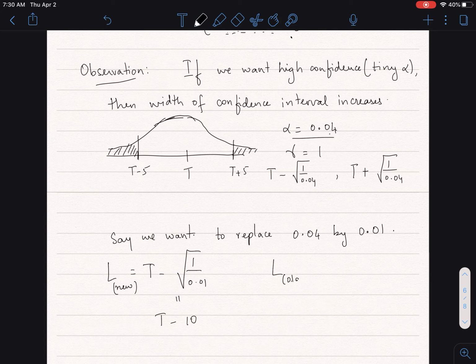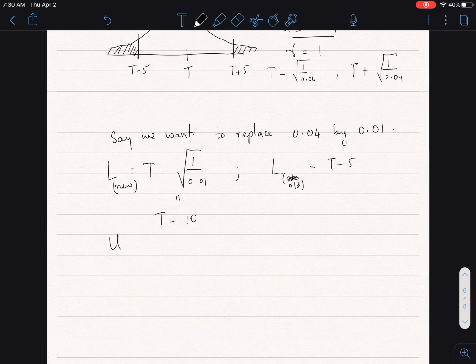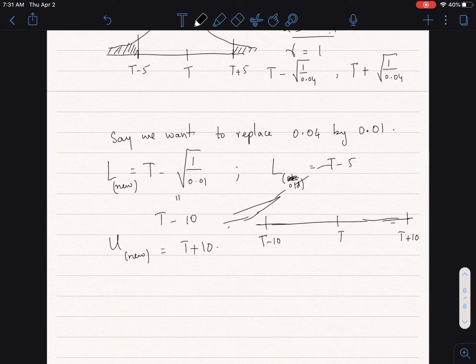L old used to be t minus 5, right? And same with u nu, t plus 10. So the interval now gets larger. If I want 0.01 probability of failure, or 99% confidence, then I can only say that this theta lies between t minus 10 and t plus 10.